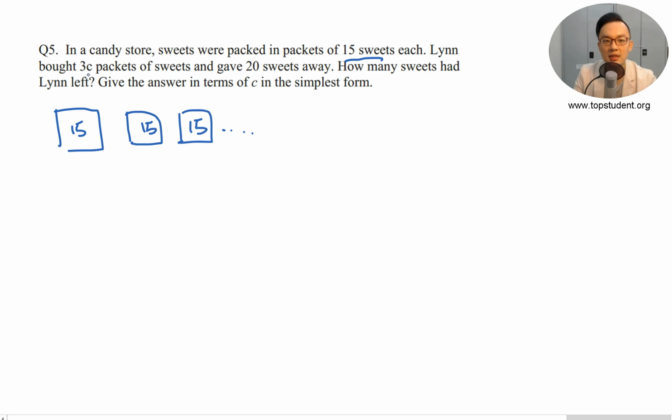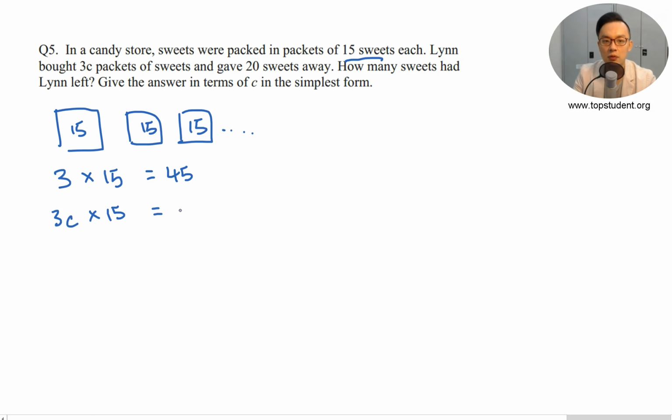So she bought 3C packets of sweets and gave 20 sweets away. Let's ignore the C for now and just imagine she bought 3 packets of sweets. So that will be 3 times 15, right? To find the number of sweets, equals 45. Okay. So now if I have 3C packets of sweets, it's actually the same.